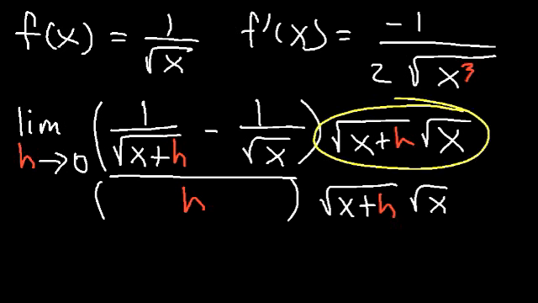So we're going to take this and distribute to both terms. So if we take radical x plus h times root x and multiply it by 1 over square root x plus h, what cancels and what remains? So radical x plus h will cancel, and radical x will remain on top.